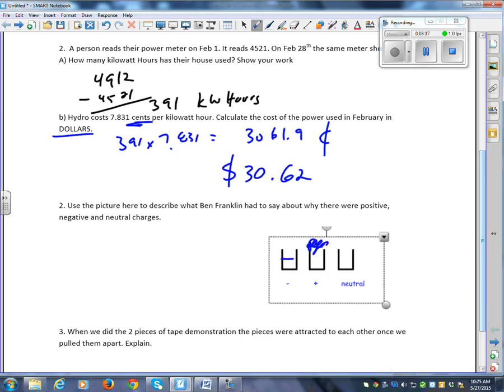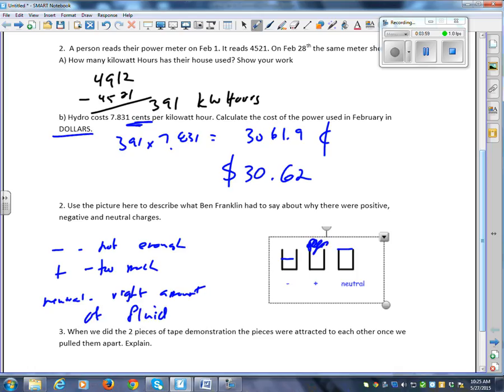You should also say negative, not enough; positive, too much; neutral, the right amount. And it's all one electrical fluid. That's what Ben Franklin said. At the very least, you need to draw that picture.